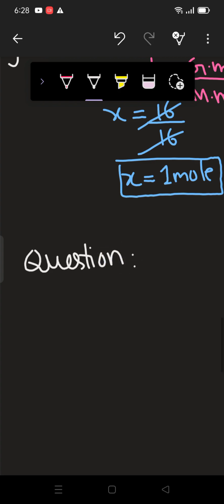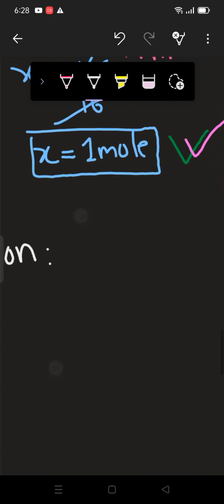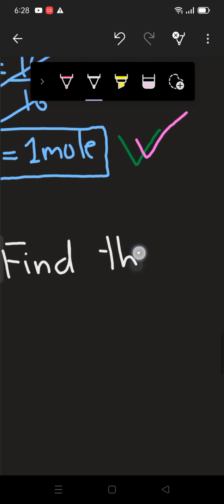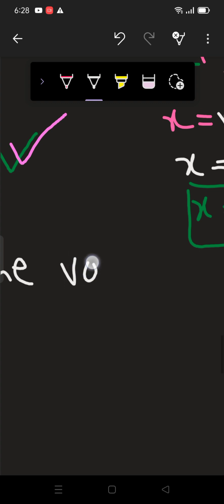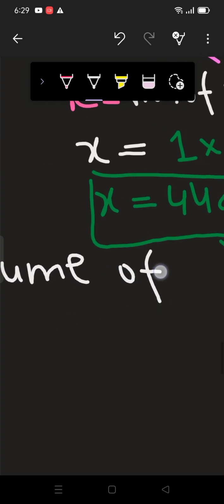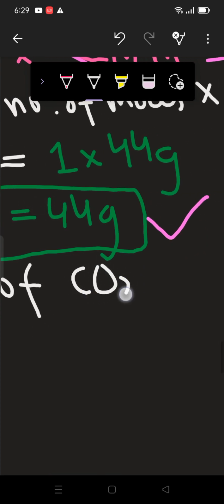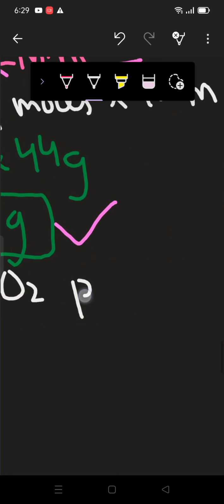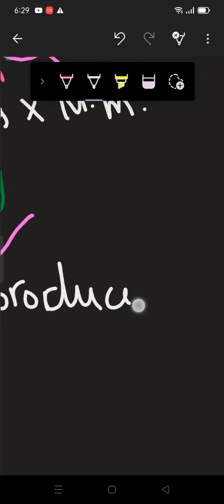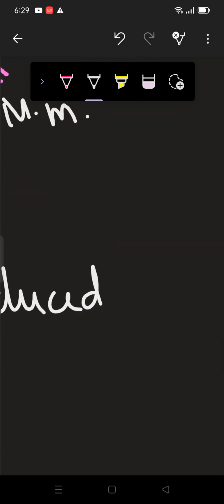So basically the question is: find the volume of carbon dioxide produced when 50 grams of calcium carbonate is heated.